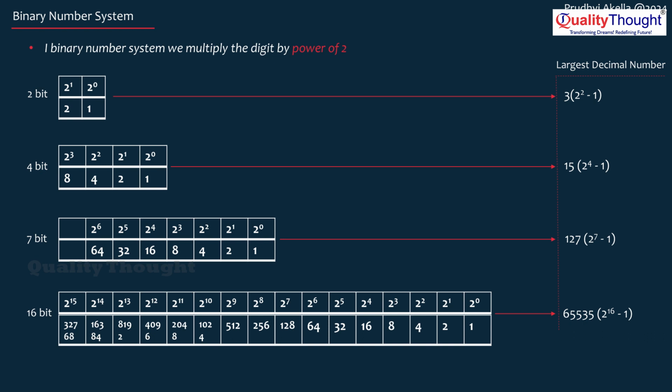So for 2-bit, as we have been talking, the multiplier digit would always be 2, represented in the power of 2. That means 2 to the power of 0 and 2 to the power of 1. So this represents 1 bit out of these 2 bits. In the same way, you could see 2 to the power of 15, which is 32768, for 16-bit representation.